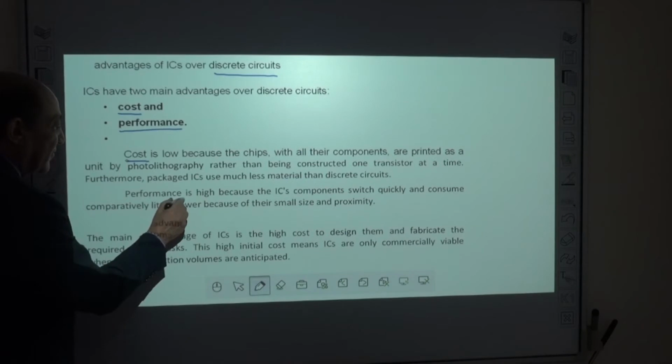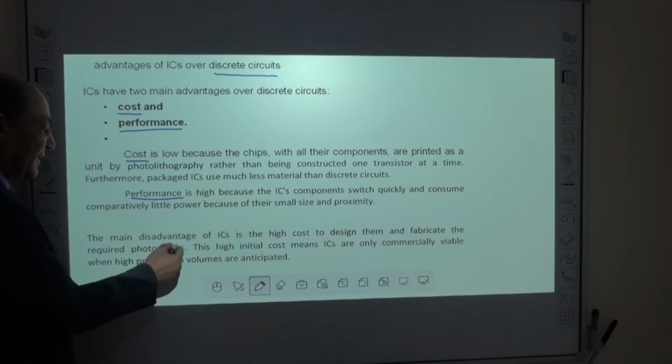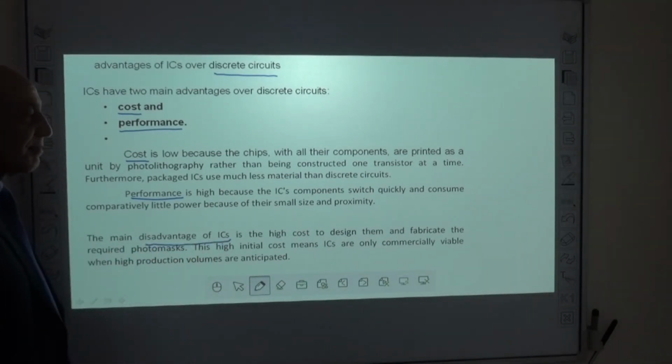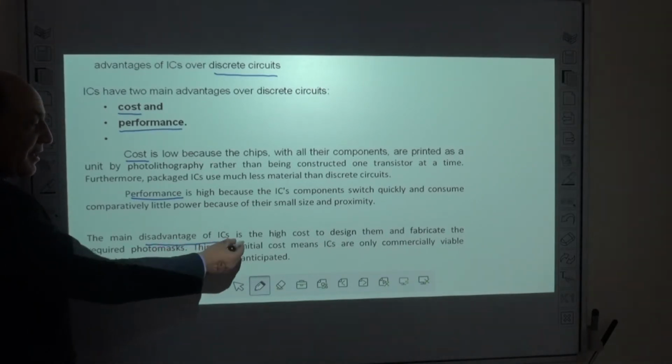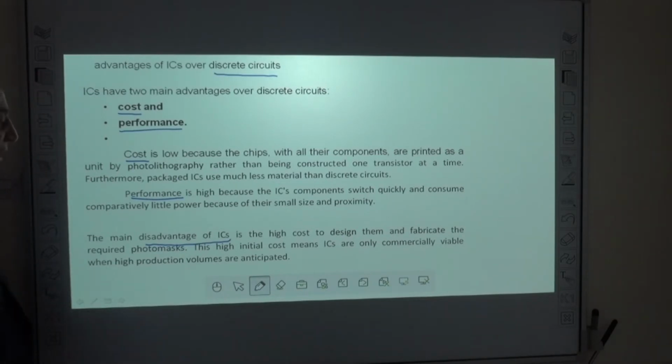Performance is high because the IC's components switch quickly and consume relatively little power because of their small size and proximity. However, the main disadvantage of ICs is the high cost to design them and fabricate the required photomasks. This initial cost means ICs are only commercially feasible when high production volumes are anticipated.